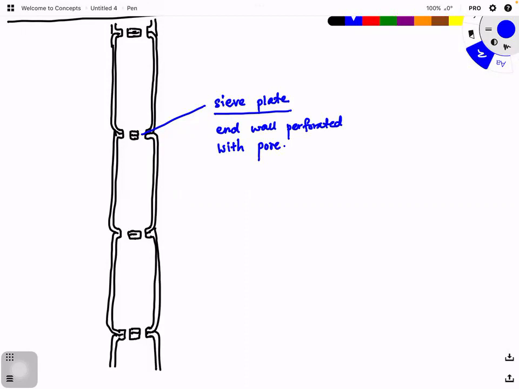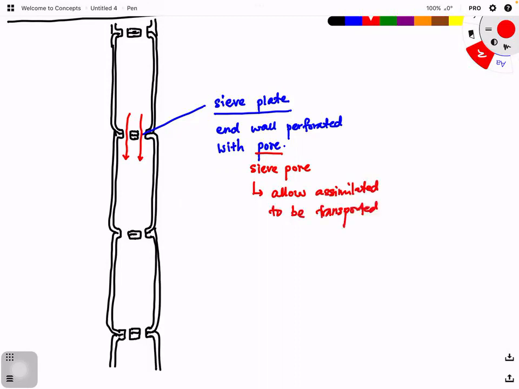This sieve plate allows the assimilates to be transported across. The pore is named the sieve pore. The sieve pore allows assimilate to be transported along the sieve tube element.